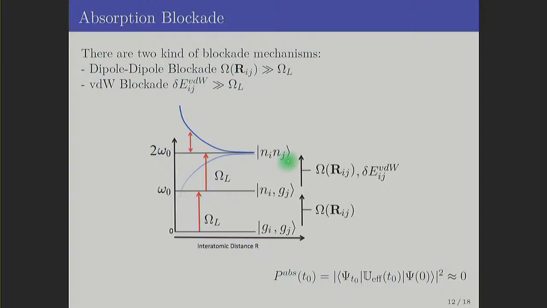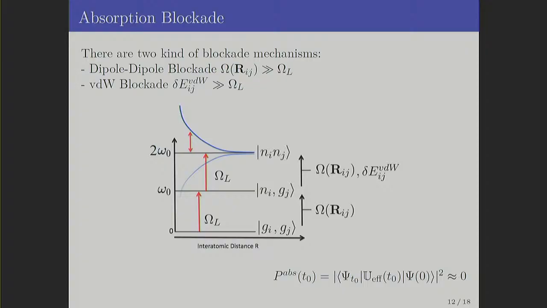First, a dipole-dipole blockade, which is due to the dipole-dipole interaction, and then a van der Waals blockade, which is due to the van der Waals interaction. And we find that a dipole-dipole interaction takes place in any kind of photon absorption, but the van der Waals blockade just takes place when the system is already excited.